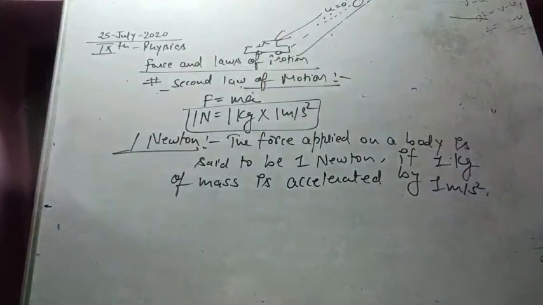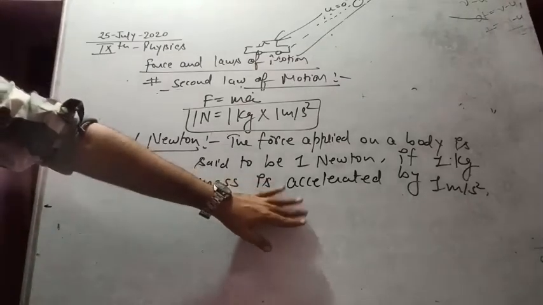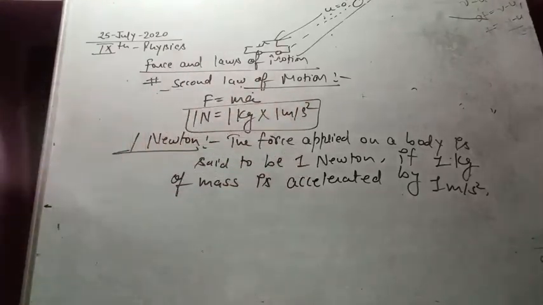What is the mass of this object? 1 kilogram. What is the acceleration? 1 meter per second square. So suppose we have a mass of 1 kg and the acceleration produced in that mass is 1 meter per second square. Then we must say that the force is 1 Newton.